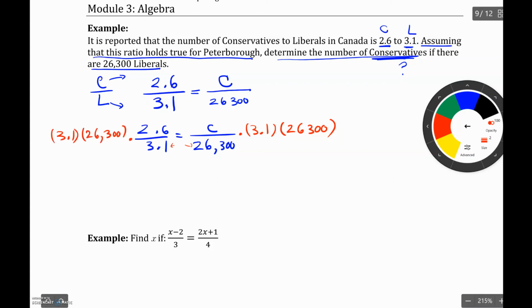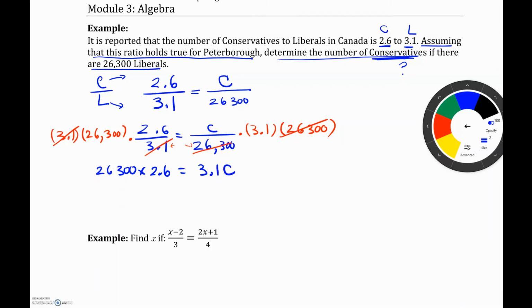Look what happens now. The 3.1 goes with that, and the 26,300 goes with that. So what are we left with? We're left with 26,300 times 2.6 equals 3.1 C.